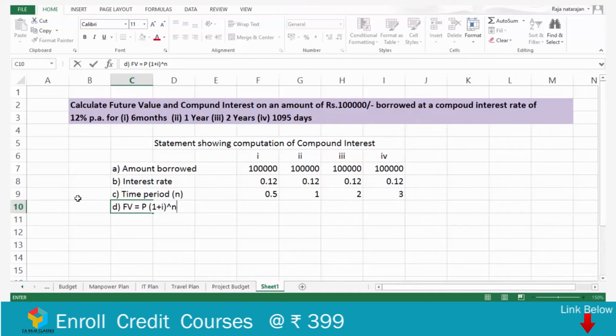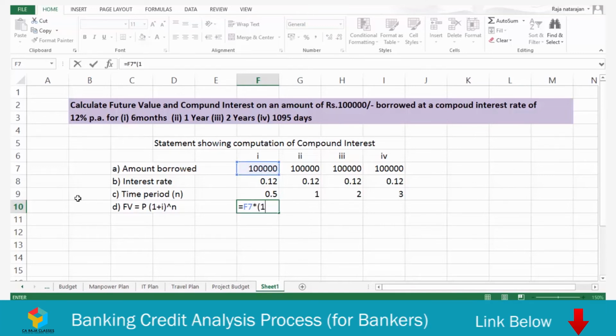Here I can have them in all the scenarios. Scenario 1, principal is 1 lakh, multiplied by 1 plus I. So it is 1 plus 0.12, close the bracket, and raised to the time period, which is 0.5.